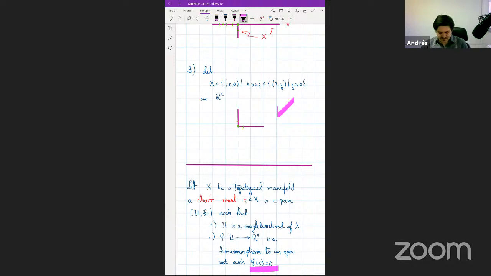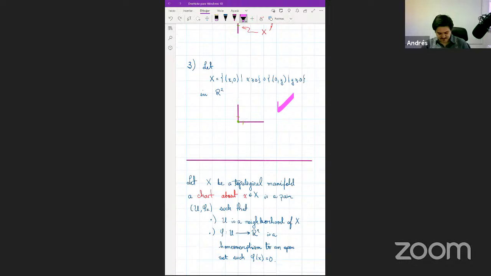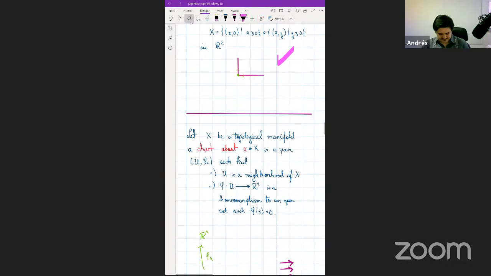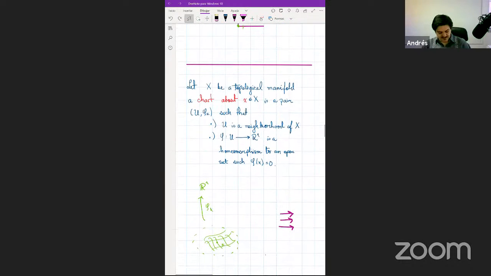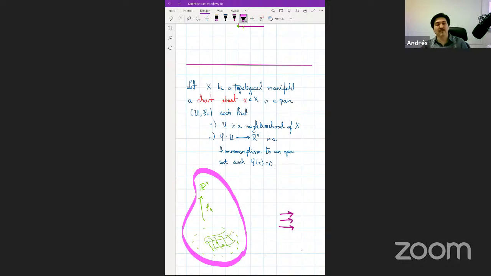Sometimes it will be convenient to have that assumption on the chart. So this is what before, when I was motivating all of the concepts. So that's the name of a chart. A neighborhood and a homeomorphism.